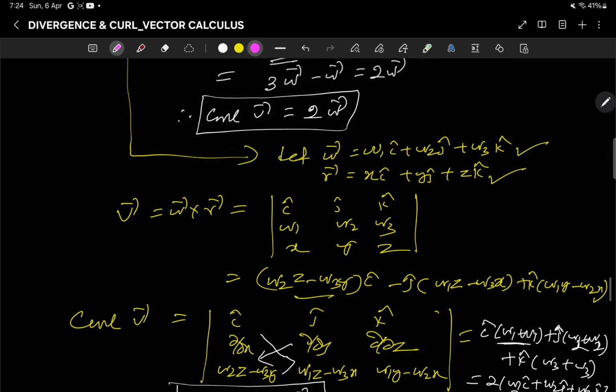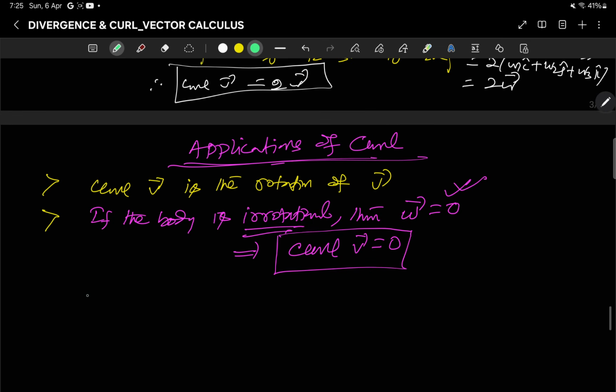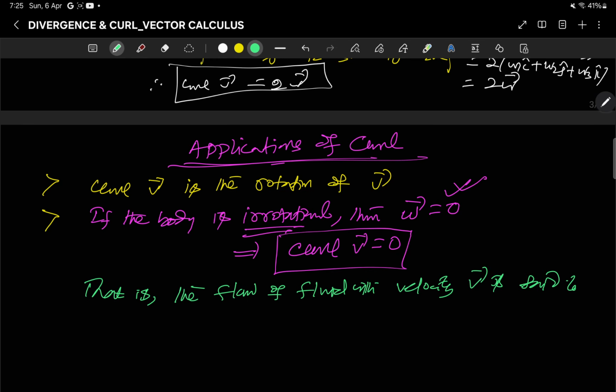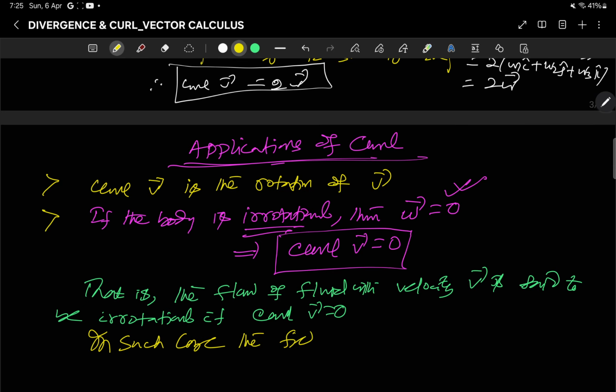So I can say the flow of fluid with velocity V is said to be irrotational if curl V is equal to 0, and in such a case the field is said to be conservative.